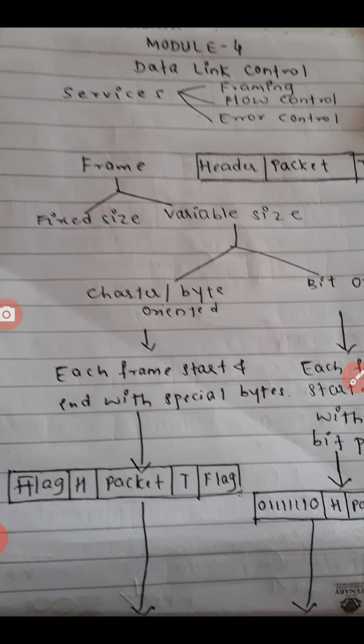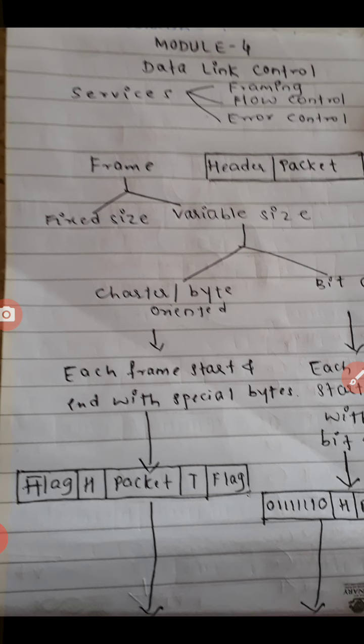Header and trailer are attached. Now it forms the frame. At the starting of the frame, a flag made up of special bytes is attached. In the same manner, the end of the frame is attached with a flag. Now this whole thing we call character framing or byte framing.